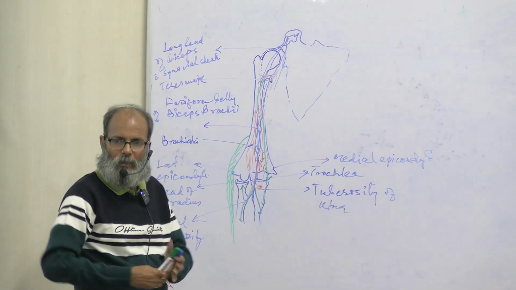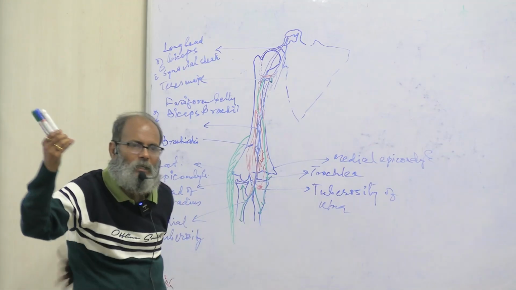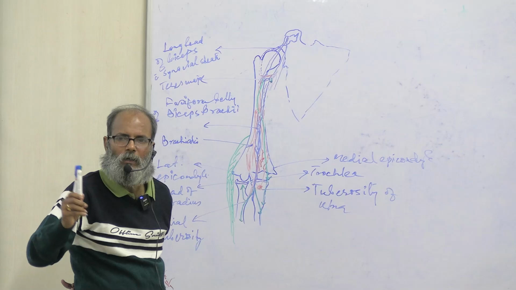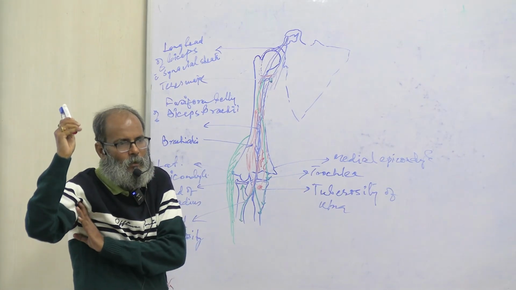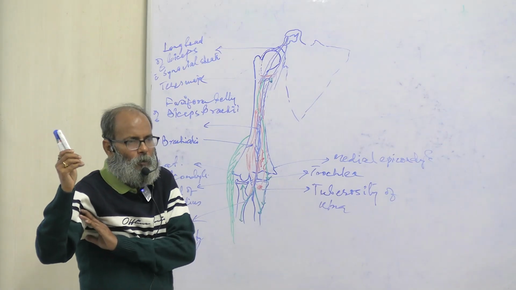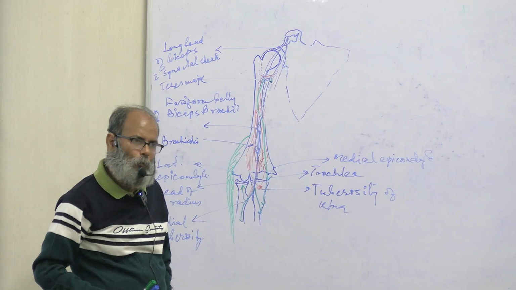Got my point? This teres major is coming like this, but the teres minor is back to back. Supraspinatus, infraspinatus and teres minor are back to back, but the teres major is crossing the axilla to come in front to the medial border of the bicipital groove. Got my point?